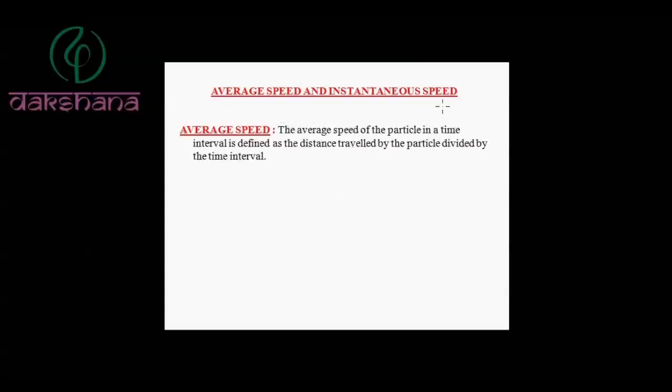Average speed and instantaneous speed. The average speed of a particle in a time interval is defined as the distance traveled by the particle divided by the total time interval. It means, say, the distance traveled by the body is delta s in the time interval delta t.